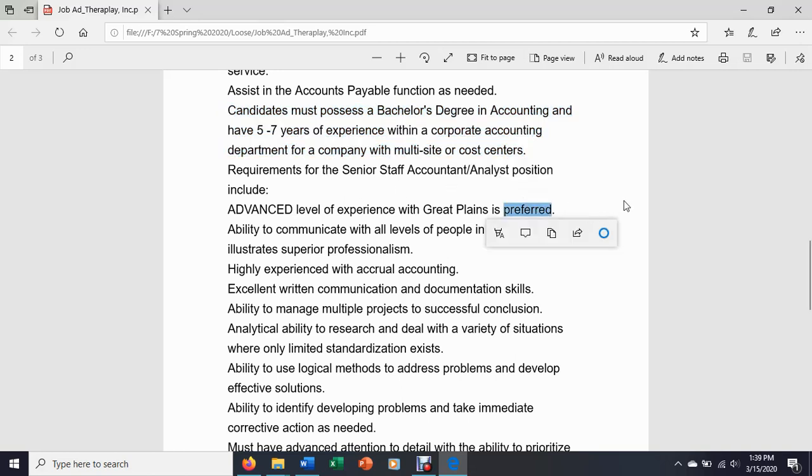Whereas when it says something is preferred, that may mean that their ideal candidate would have it, but they're not sold on it, or that it may not be a make or break thing for the person that they're hiring, but it may in fact be a make or break thing. So this is one of the tricky things about preferred qualifications: job ads rarely give you a sense of how preferred those things are.